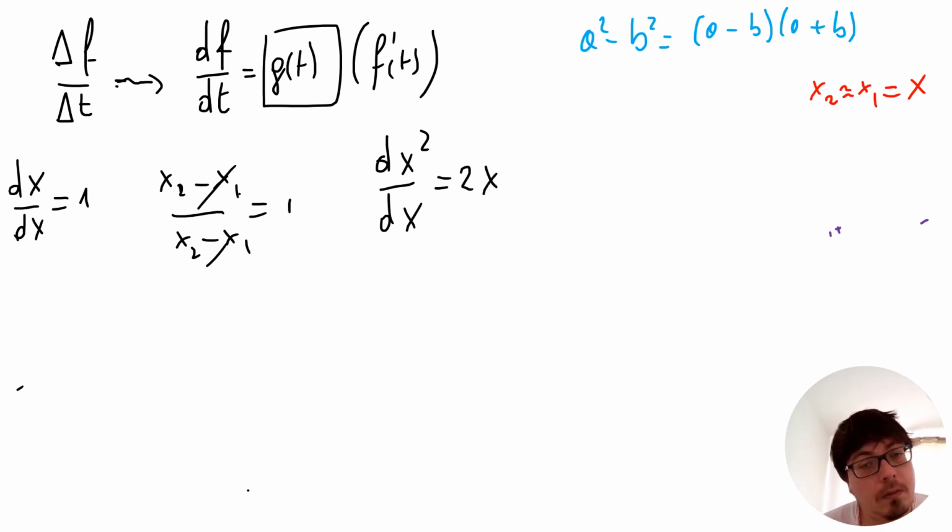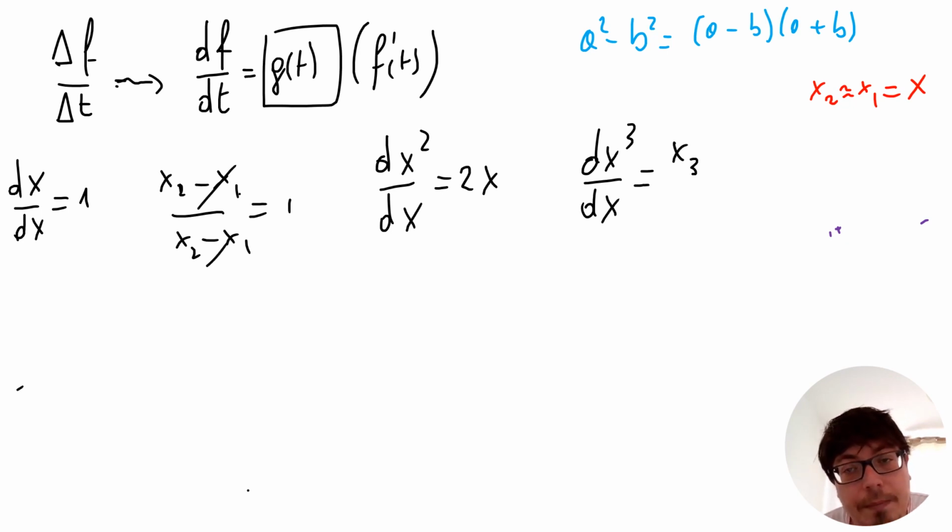Now, we can do a step further easily, the cube, and then I will try to extrapolate for larger powers. So for the cube, the step would be x2 cube minus x1 cube. Sorry, this is a cube, I will change it in a sec.